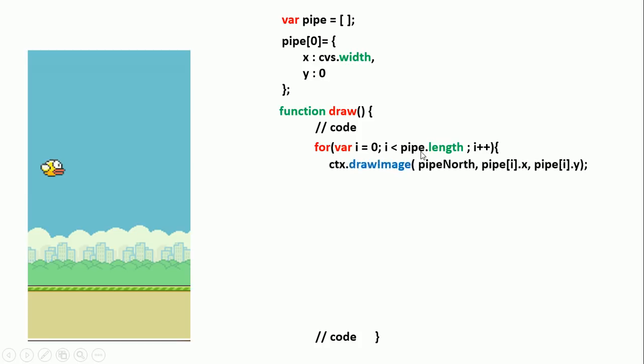So we will draw the pipe north, and its position is pipe[i].x, and its Y position is this. So we get, for example, the pipe north right here, because pipe[0].x has this X position, and pipe[0].y will have a 0 position.